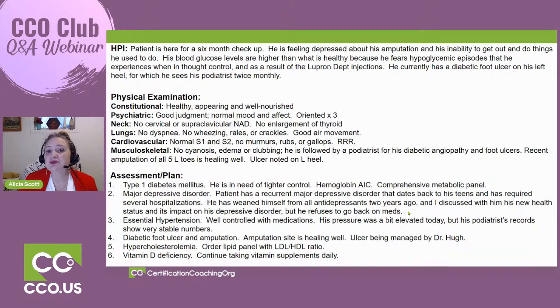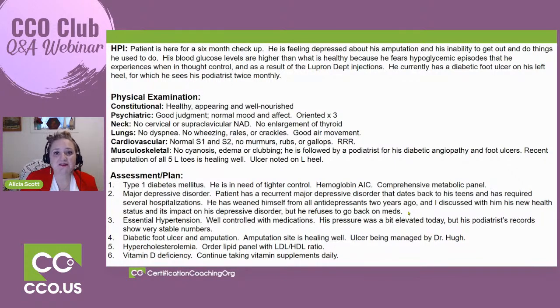And now there's new codes, some new Z codes that don't risk adjust, but your providers can use to explain some of these other situations that are happening in their life.